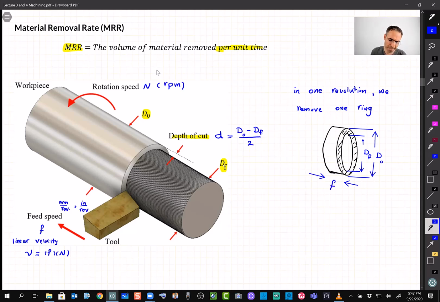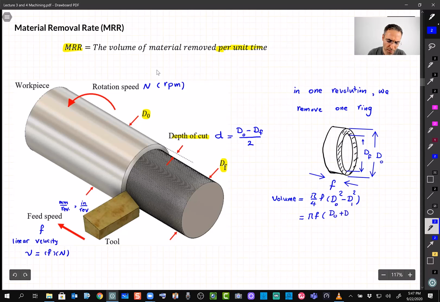That's correct, right? So what is the volume of this ring? We can easily calculate it. It's pi over 4 times f times D0 squared minus Df squared. All right, so I can simplify it by writing pi f, then this one I can write as D0 plus Df divided by 2, and this one as D0 minus Df divided by 2. I just manipulate these to get a nicer formula.